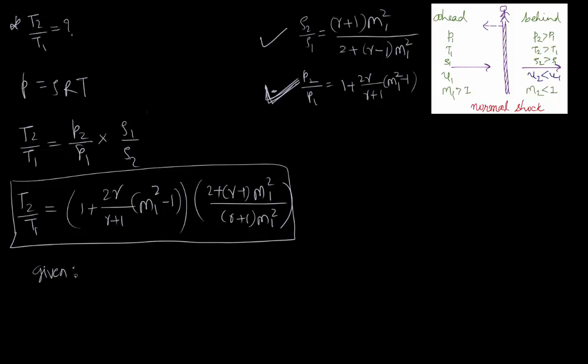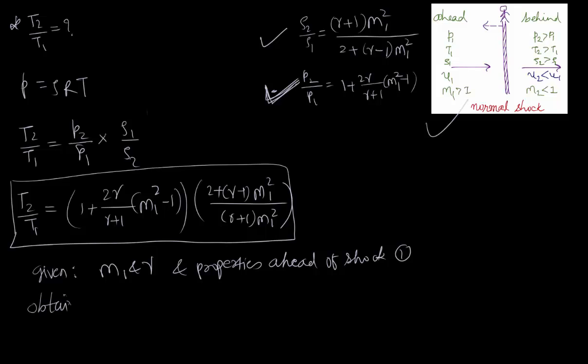M1 and gamma are given, the properties ahead of the shock wave, and we have to obtain M2, rho 2 by rho 1, U2 by U1, P2 by P1, T2 by T1, and all these terms are functions of M1 and gamma.